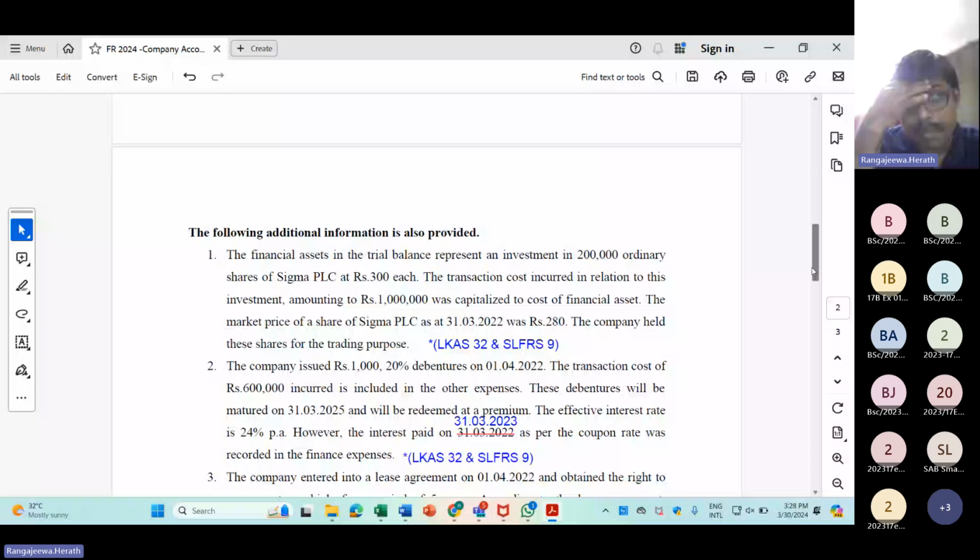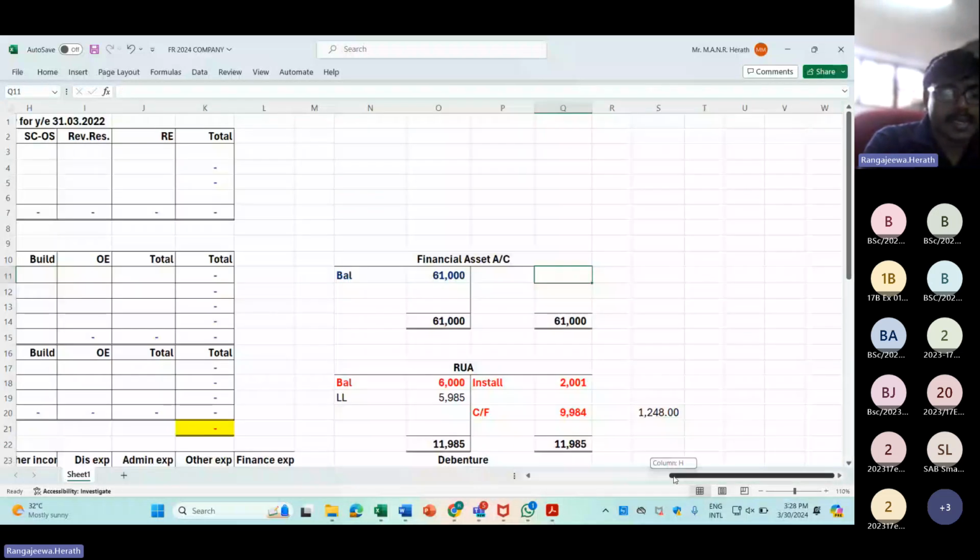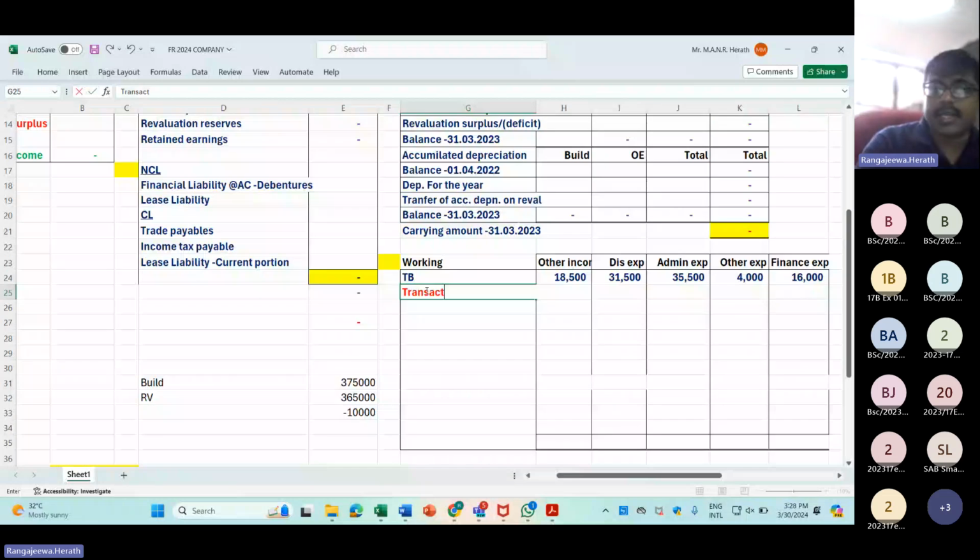Then you are given company held these shares for trading purpose. If the company held these shares for trading purpose, you can't capitalize the transaction cost. So that should be charged to P&L as an expense. The transaction cost of financial asset at fair value through P&L, 1,000, you can add as the finance expense, add to the other expense.